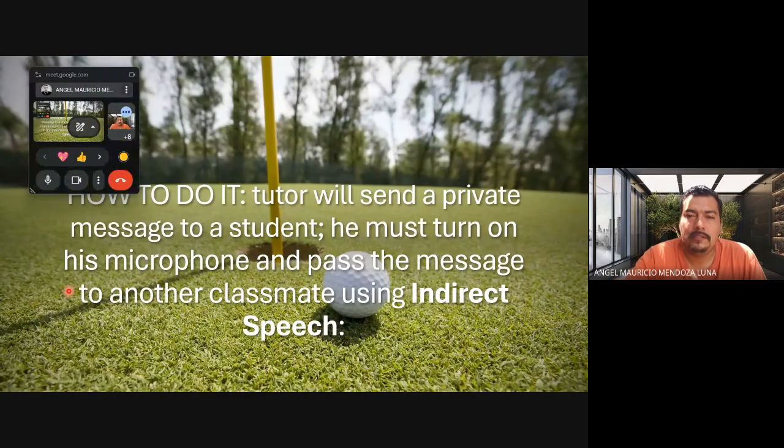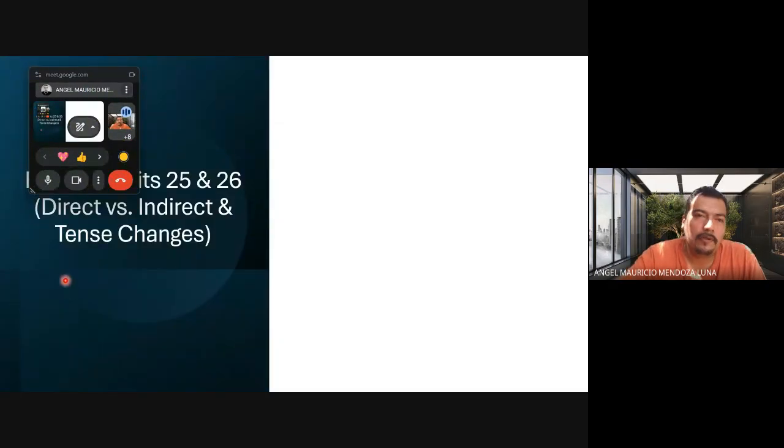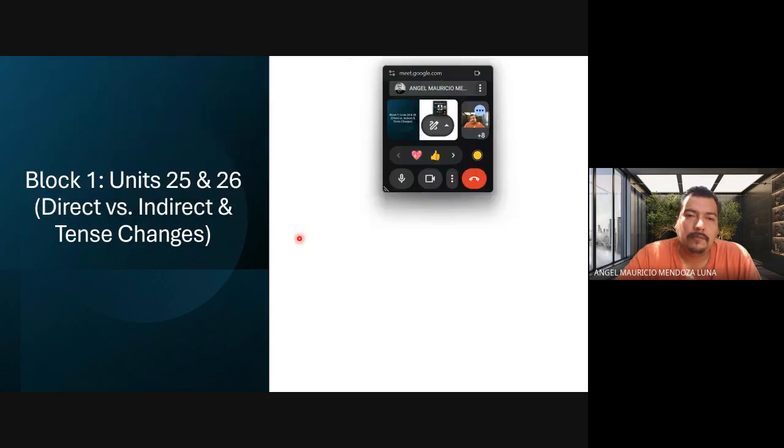All right. We covered this one, and right now we're gonna be covering the first block of content units, which are unit 25 and 26, direct and indirect speech, with more emphasis on tense changes. All right.